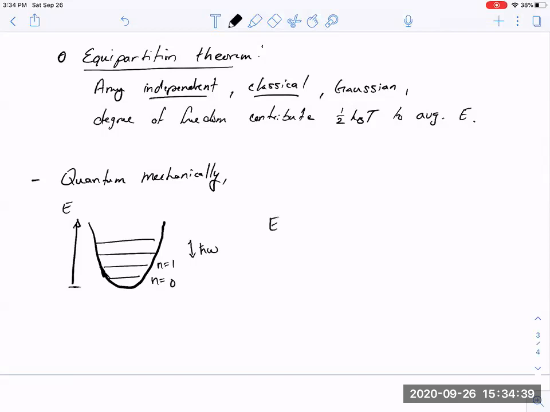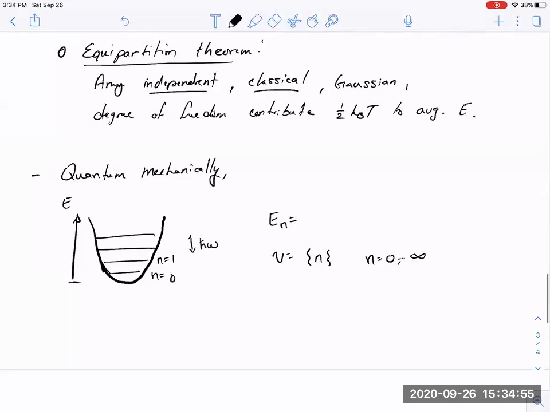So I can determine the state of my system by just knowing what eigenstate it's in, what quantum number it's in, and this is something which will run from 0 to infinity. And I know how to assign an energy to that state. It's h bar omega (n plus 1/2).